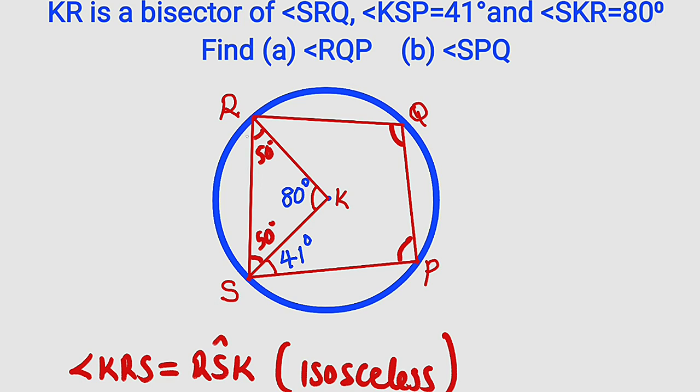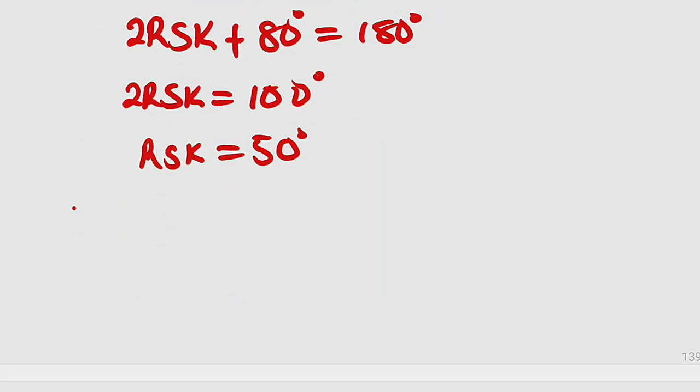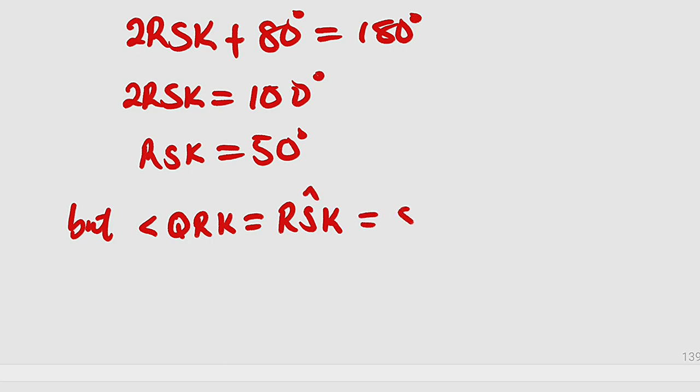Remember they said that this particular line bisected this angle. Therefore, the two angles here must be the same. This other one must be 50 as well. So altogether, we have 100 degrees here, right? But angle QRK is equal to RSK, which is equal to 50.